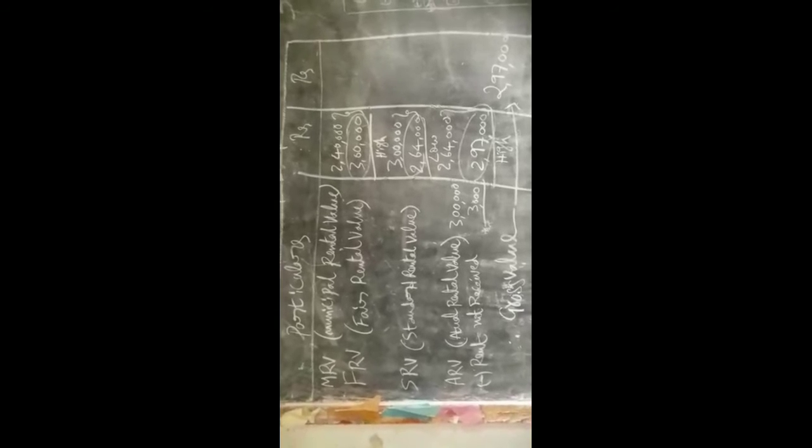Once again, first we take the MRV and compare with the FRV. So 2,40,000 and 3 lakhs, we take the highest amount, that is 3 lakhs. Next we compare with the SRV, 2,64,000. We take the lowest amount, 2,64,000. Next we compare with the ARV.